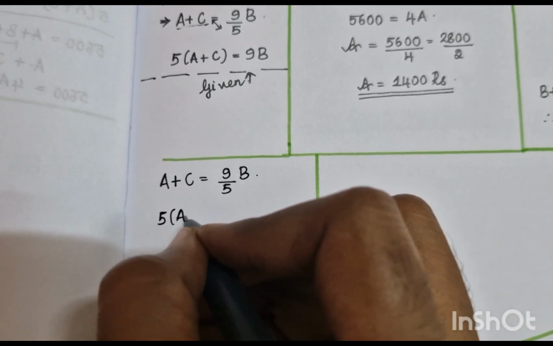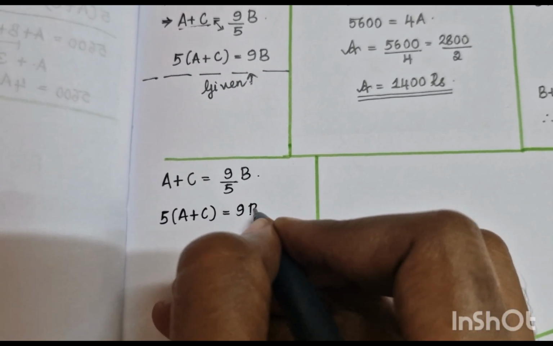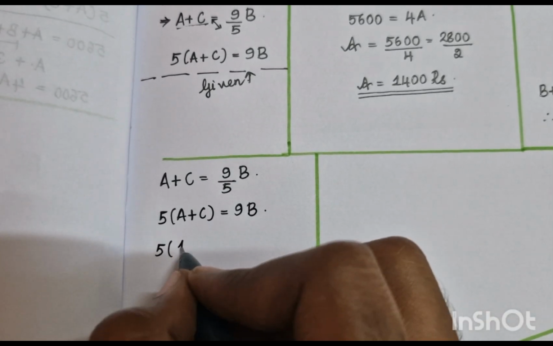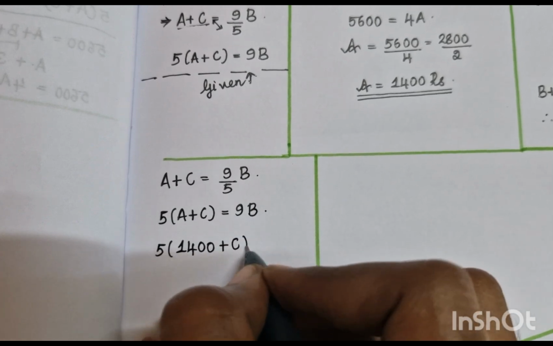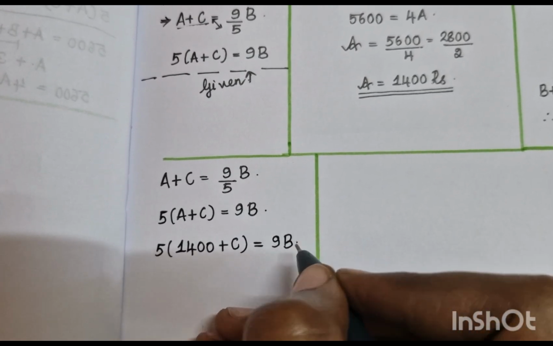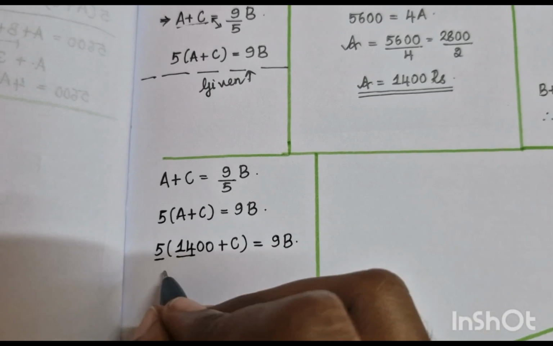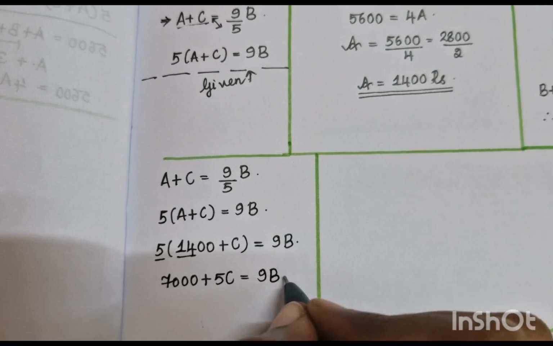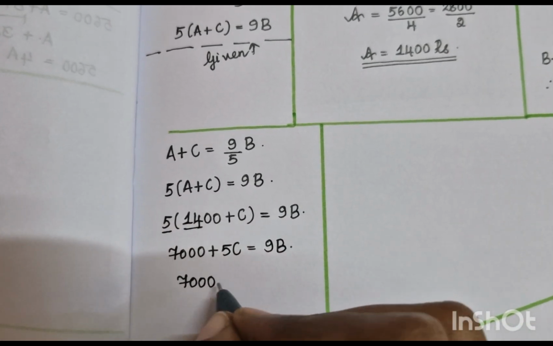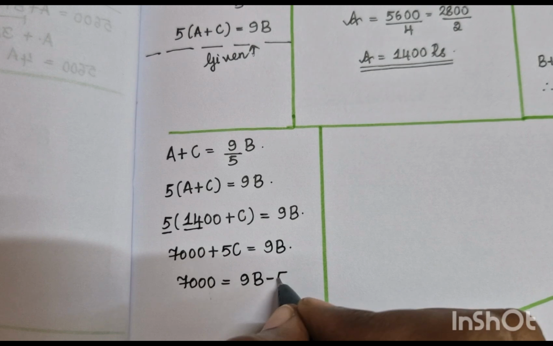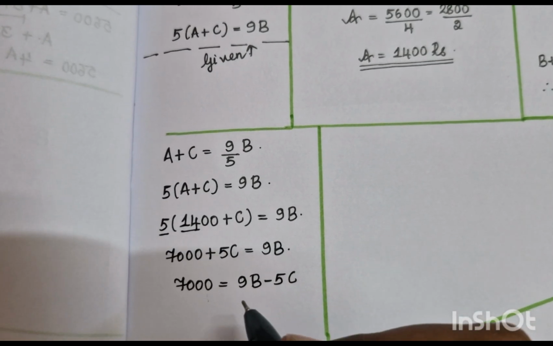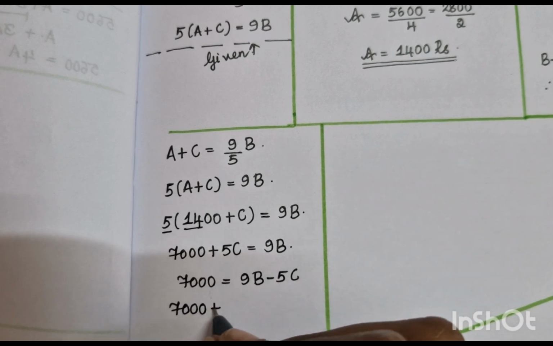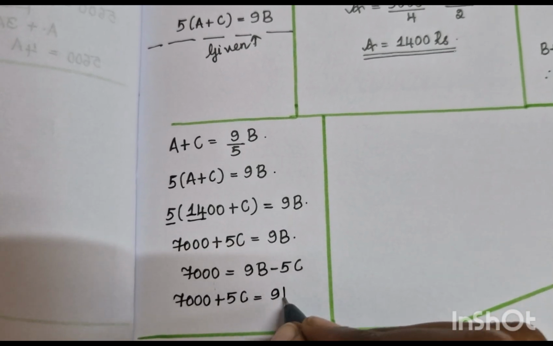So 5 into (A plus C) is equal to 9B. 5 into (1,400 plus C) is equal to 9B, since we found the value of A as 1,400. 5 into 1,400, 7,000 plus 5C is equal to 9B.